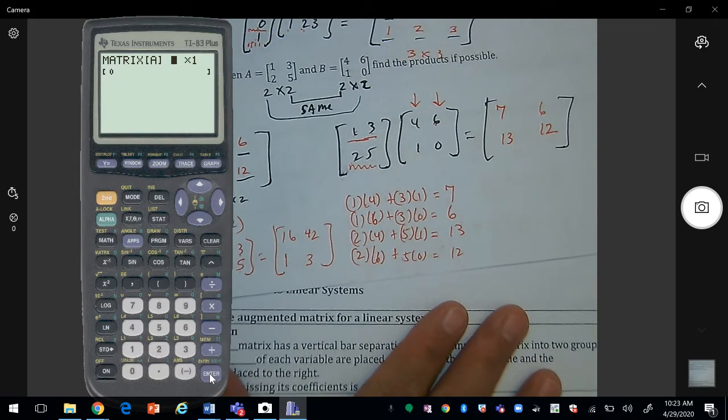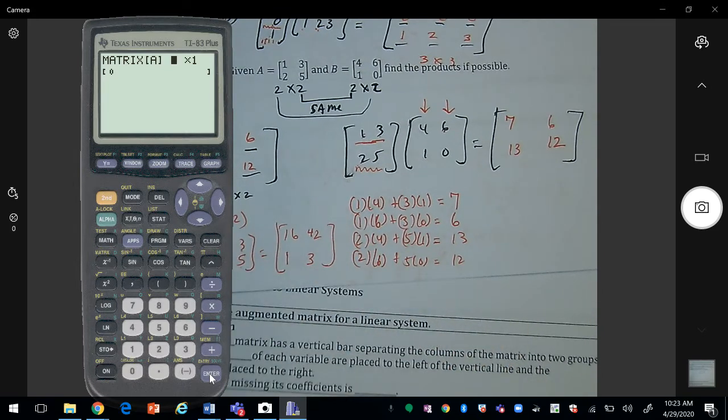So A here is 1, 3, so that's a 2 by 2 matrix. So I'm going to enter 2 by 2, and so it changes the matrix size. And so for A, we have a 1, and then we have a 3, a 2, and a 5.